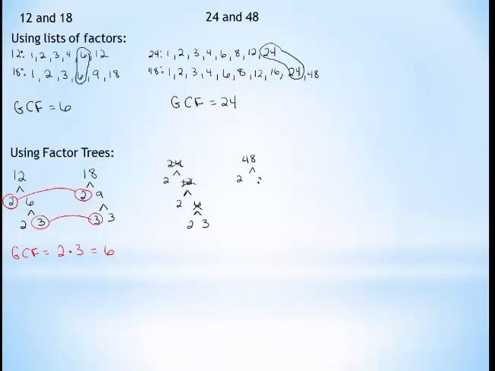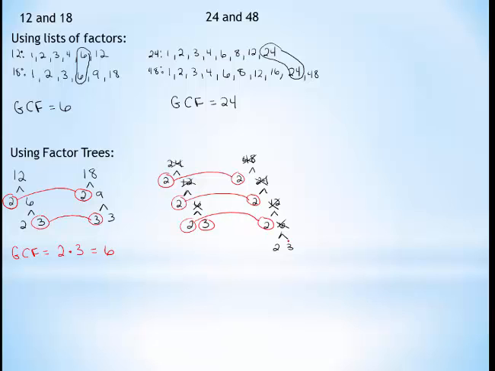48 gives me 2 times 24, so 24 is 2 times 12, 12 is 2 times 6, and 6 is 2 times 3. They have a 2 in common. They have another 2 in common. They have another 2 in common.